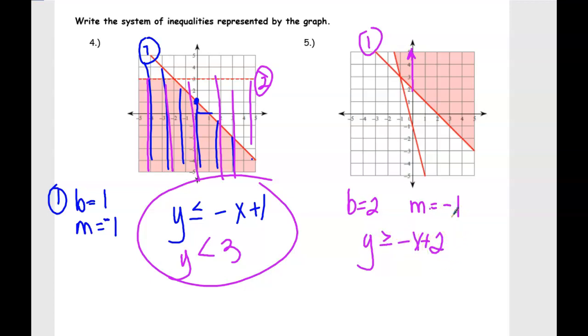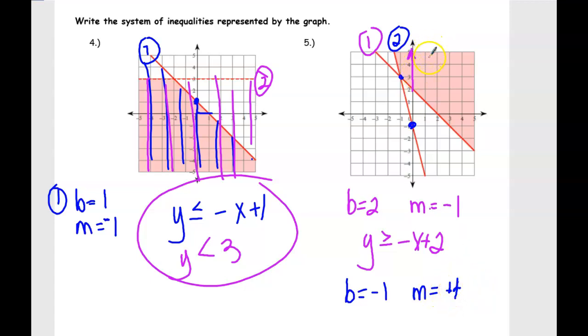All right, and now the second one, if I look at the second line, my y-intercept is at -1, so b is going to be -1, and our slope is going to be 1, 2, 3, 4 over 1, so our slope is going to be -4.